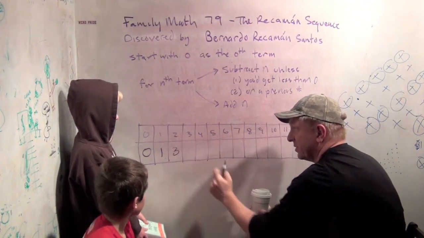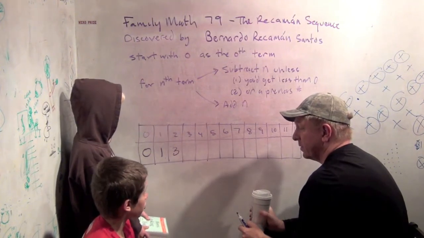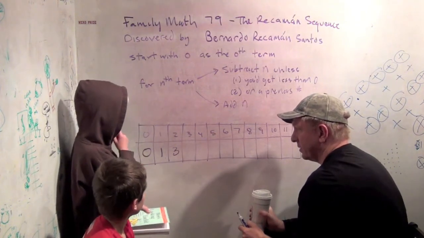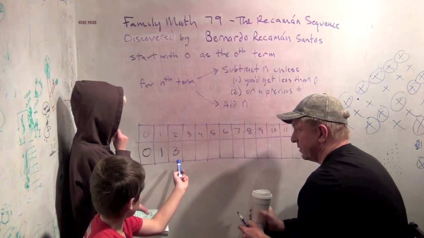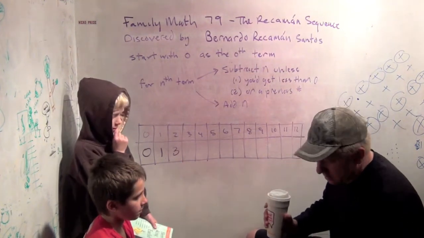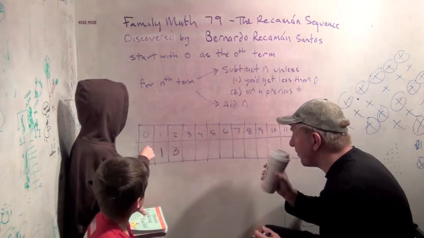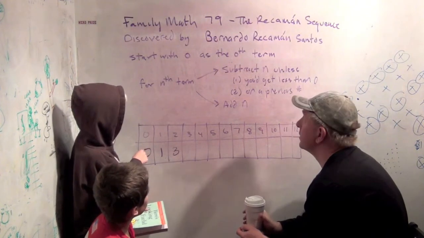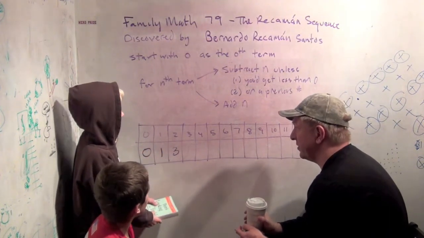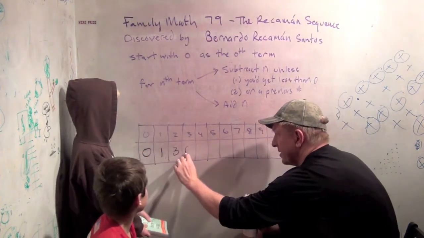So we need to subtract 3 from this 3. We get 0, but that's a number we already had. So what do we have to do? Add. So 3 plus 3 is 6. Now we're at 6.